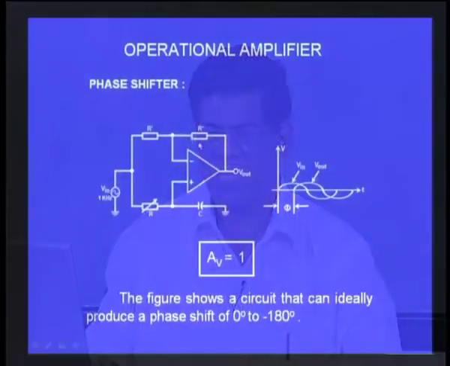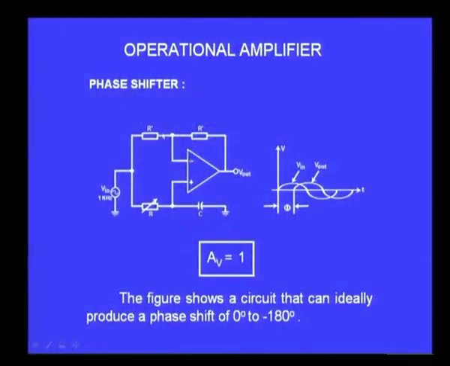So, you can see the circuit which I have shown on the screen. You have two resistors R prime and R prime, both equal, and in the other branch I have an R and a C. R is a variable resistor and C is the capacitor that is connected at the non-inverting input.